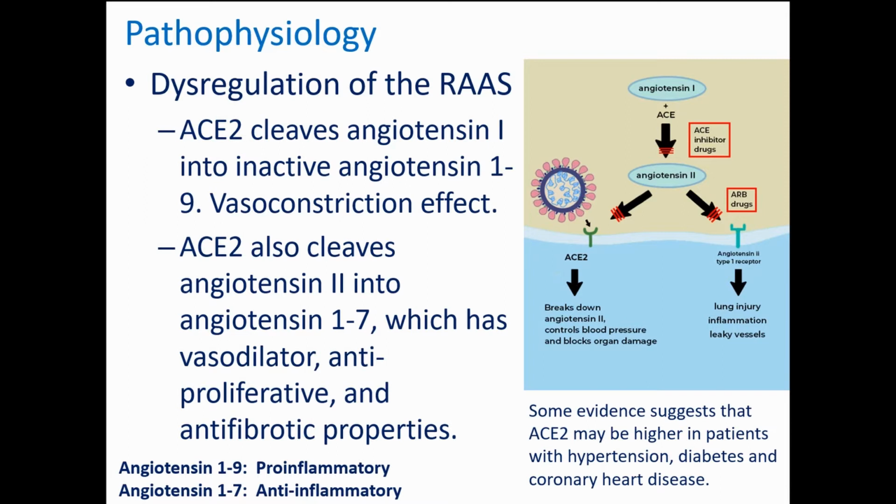But the bulk of this cartoon is that there is some evidence, there are a few papers, that the expression of ACE receptors may be higher in hypertensive patients or in diabetic patients or coronary heart disease, okay? So this is an area you will be hearing from me, areas of knowledge gap, a lot throughout, because this is just the tip of the iceberg.